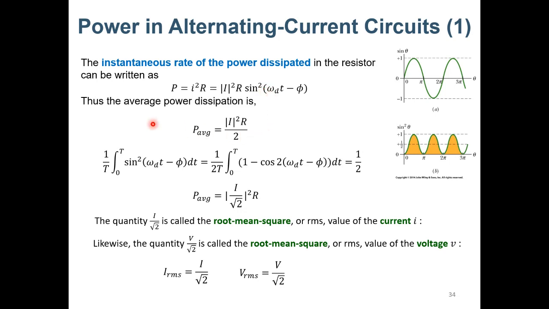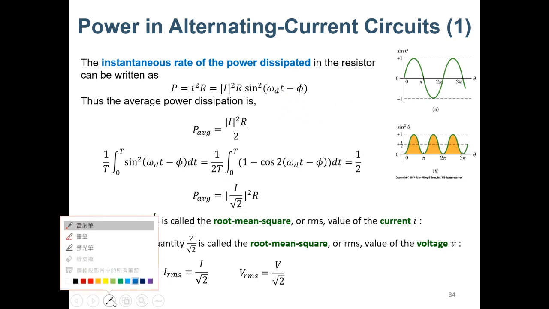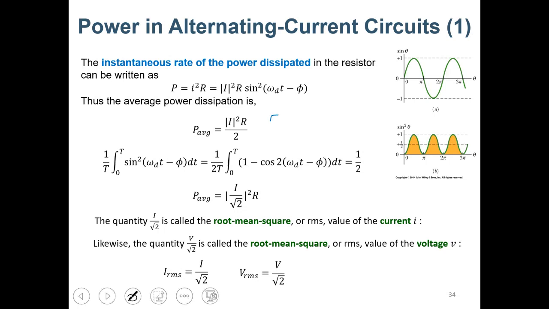We also define the average power dissipation because the power dissipation is time varying. It is a sine squared of this stuff, and you know that sine squared x is nothing but 1/2 times 1 minus cosine 2x.